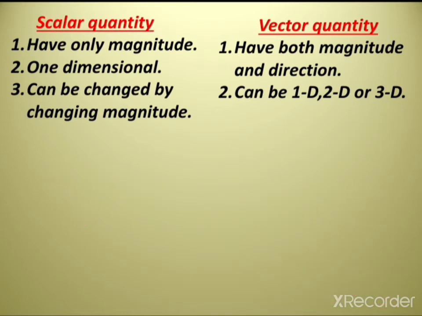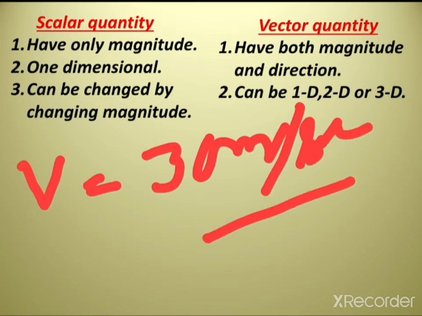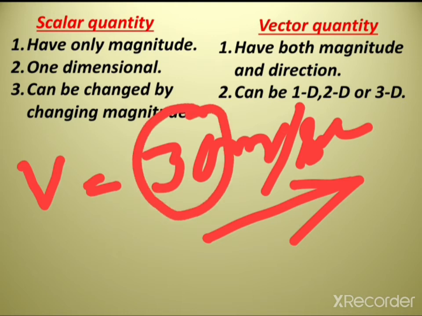Another way is you can sense the velocity by sensing its direction. It is moving in this direction. Now keep the magnitude of the velocity the same, you just sense the direction of the moving body. Then also you can sense the velocity of the moving body.